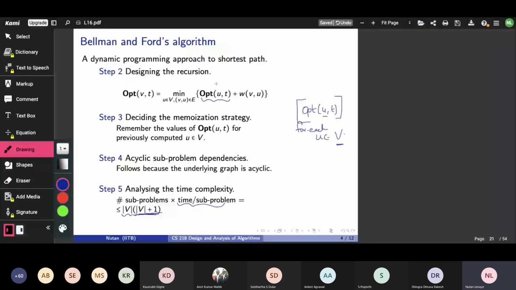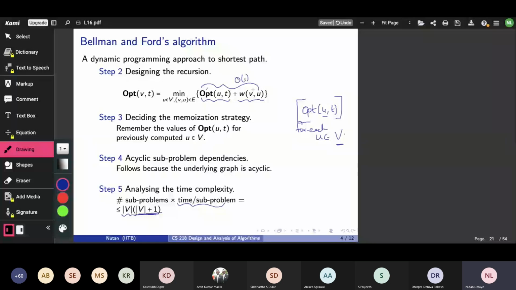So this value is there, and looking it up is going to take order one time. Weight of VT, VU also takes only order one time because this is part of the input. For every edge, it's weight. Maybe I have random access on my input, so I just take order one time to look up the weight of the edge. So to compute this quantity, I'm just going to take order one time.